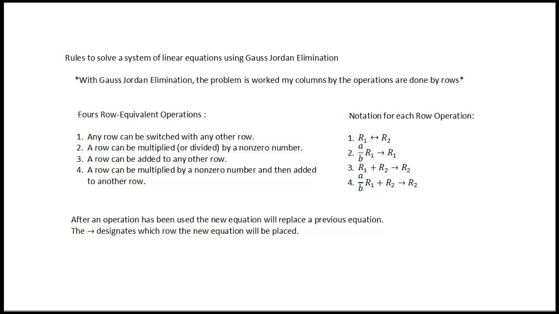Rule number 3, row 1 plus row 2, arrow row 2, which means that you're adding the 2 rows and the answer is going to be placed in row 2. And rule number 4, you can multiply a fraction to a row, then add it to another row, and that's going to be put in a new row. So after an operation has been used, the new equation will replace a previous equation. The arrow designates which row the new equation will be placed.